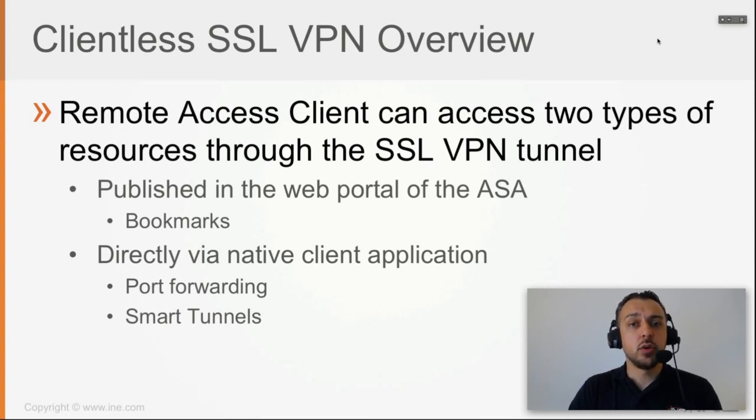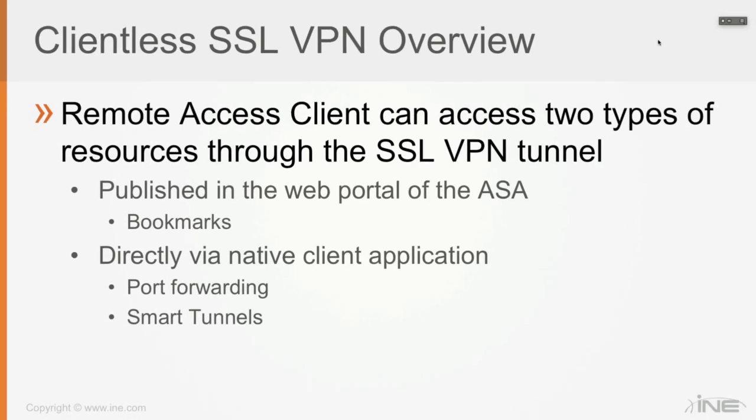It can actually fire up Outlook, and Outlook can connect and grab the emails through the SSL VPN tunnel. So that's the second type of resources that are accessible to the clientless SSL VPN tunnel via a native client application installed on the client's PC.